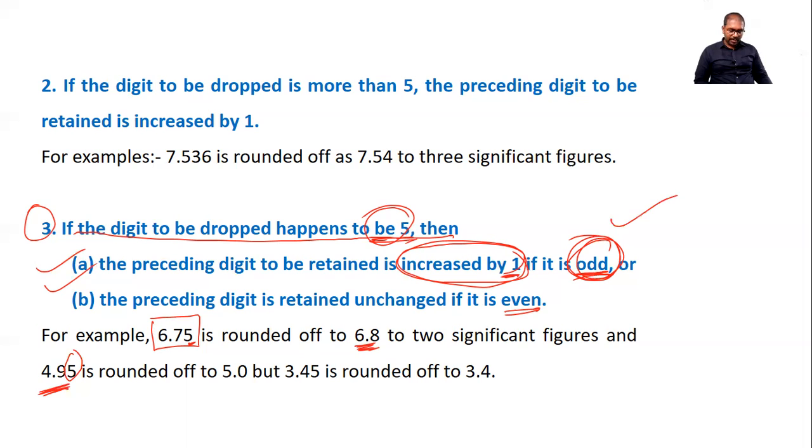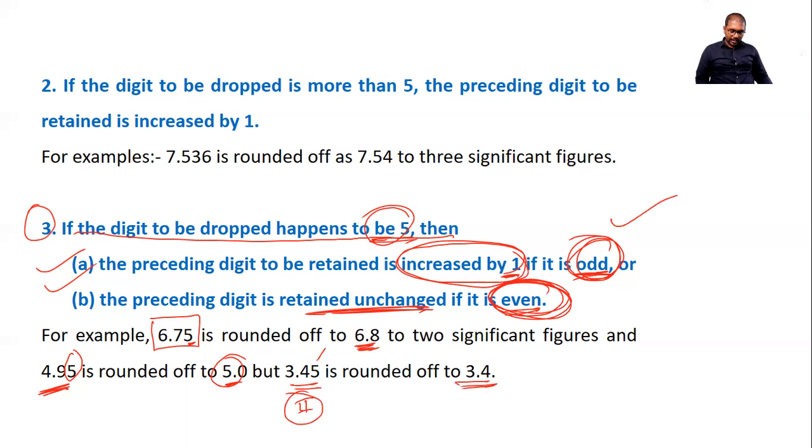So 9 increased by 1 means we get 5.0 as the rounded number. Now see here, the even case is applicable for this example: 3.45. We have to drop this 5. The preceding digit is 4 and this 4 is even. As 4 is even, the preceding digit we have to keep unchanged. So 3.4 is the answer.